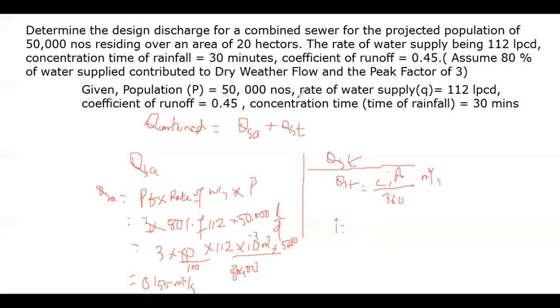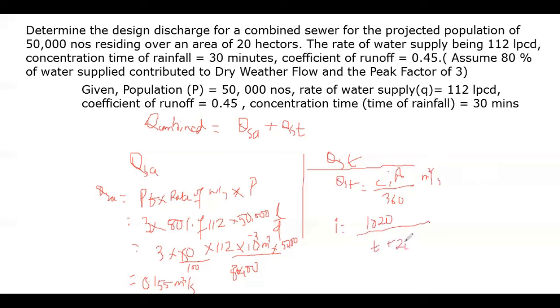Here we are given the concentration time as 30 minutes, and we have assumed that concentration time equals time of rainfall T. For time of rainfall or time of storm greater than 20 minutes, we can use this empirical formula: 1020 divided by T plus 20.